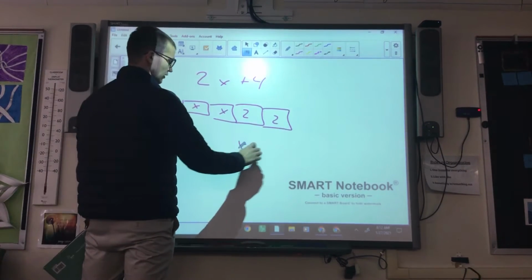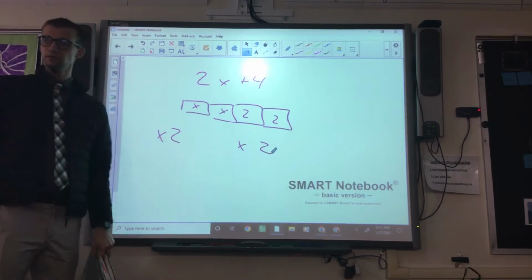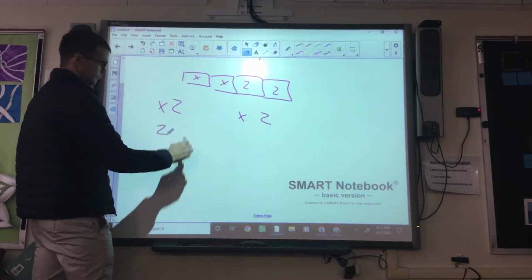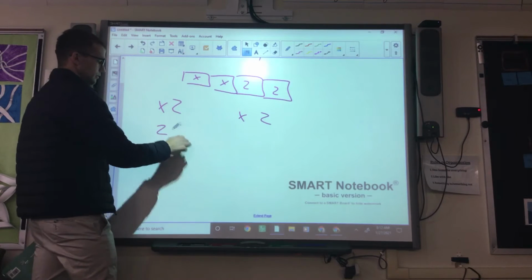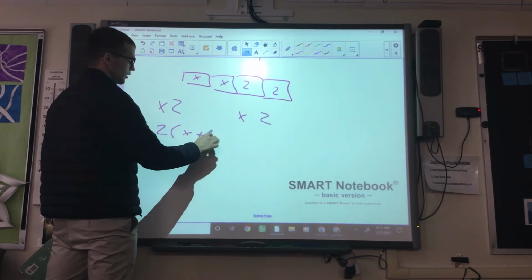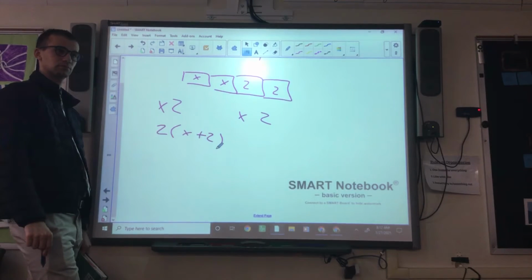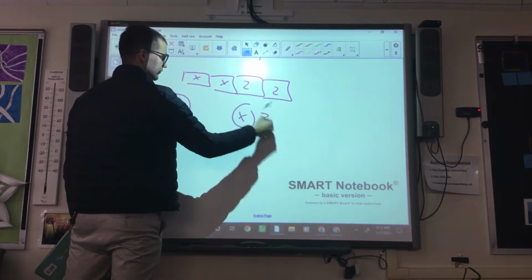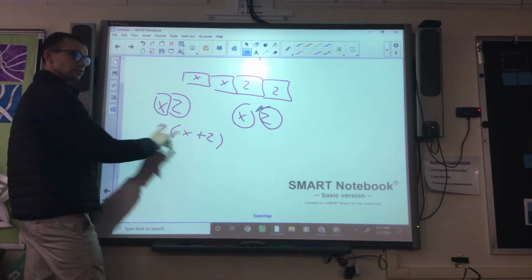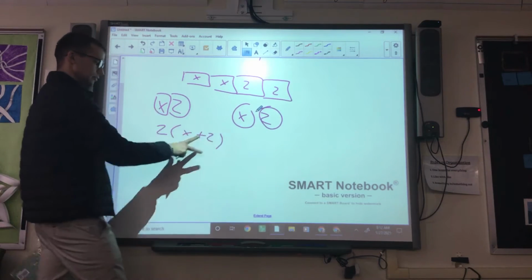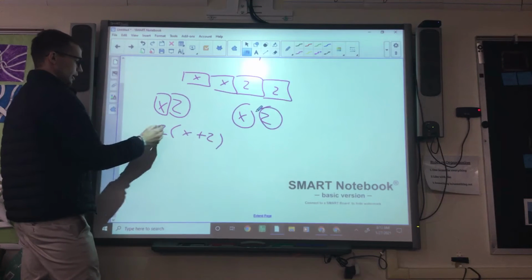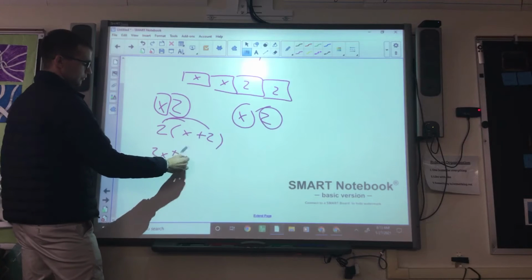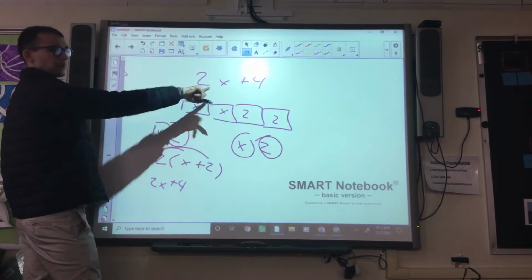So you can think of it as factoring: 2 times x plus 2. If you use the distributive property, you get 2x plus 4, which is what we had originally.